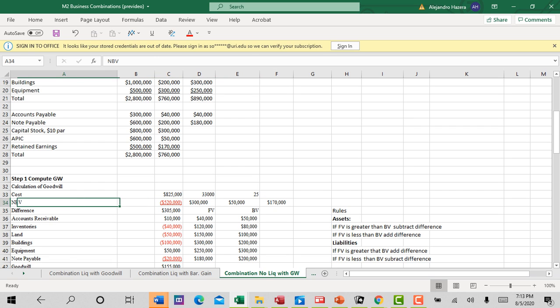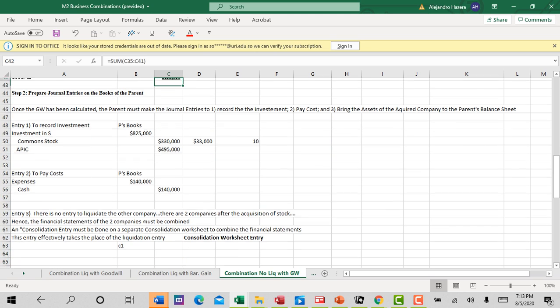The entry is going to eliminate P's equity, eliminate S's equity, and bring over not the total fair values, but the adjustments to fair market values of these various assets and liabilities.